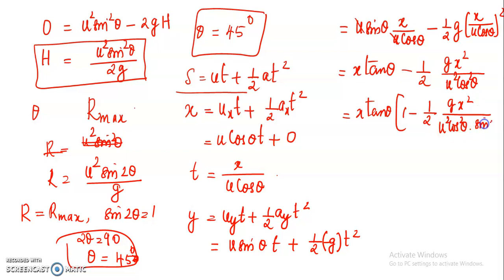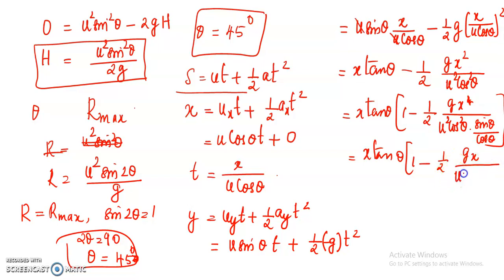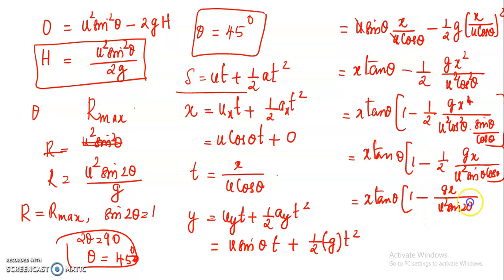Instead of tan theta, we substitute sin theta by cos theta. So it is equal to x tan theta, here not x square, gx. x tan theta into 1 minus 1 by 2 gx divided by u square sin theta cos theta, which is equal to x tan theta into 1 minus gx divided by u square sin 2 theta.